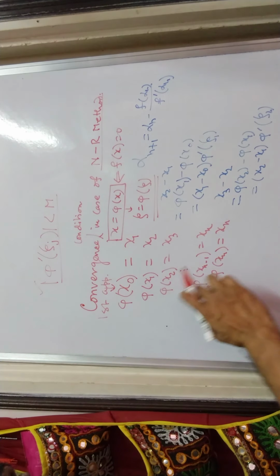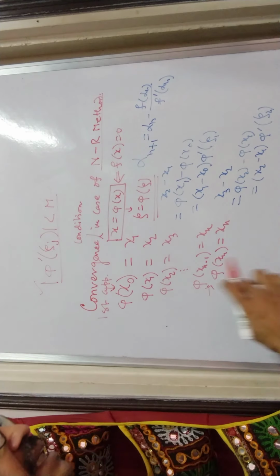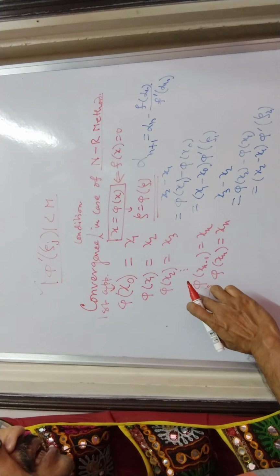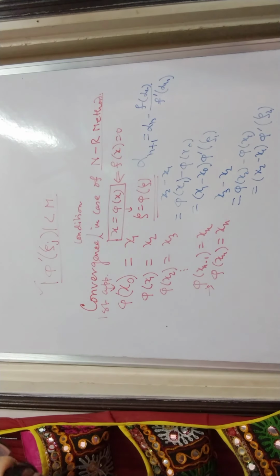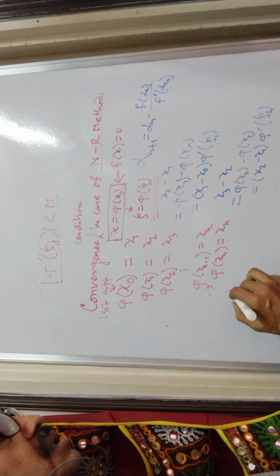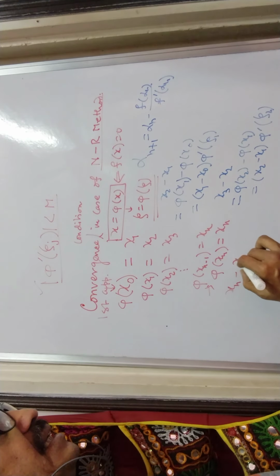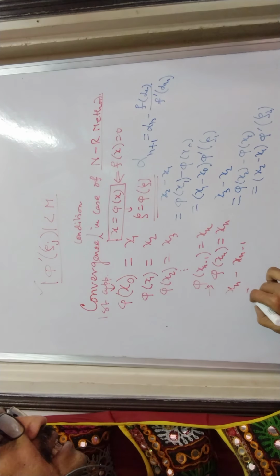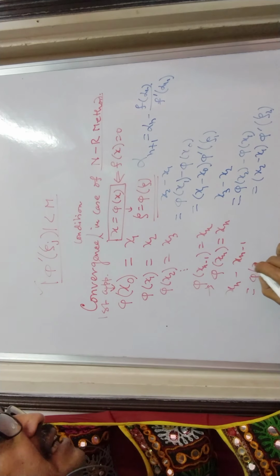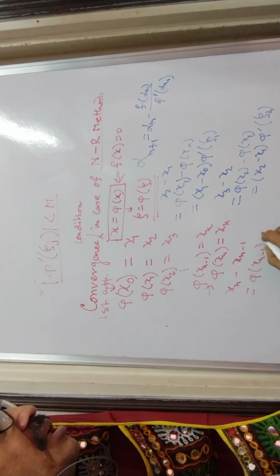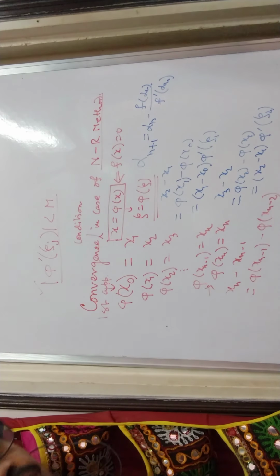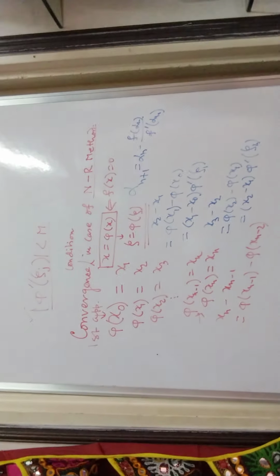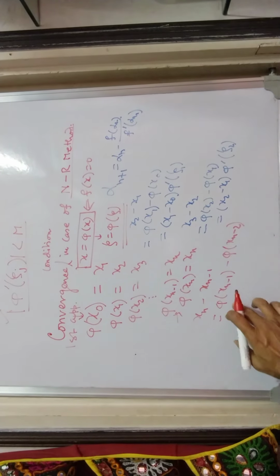And similarly, if we keep on doing this, in the last case we have phi xn minus 1 minus phi xn minus 2. xn minus 1 is nothing but phi of xn minus 1 minus phi of xn minus 2. Isn't it so? This is clear.